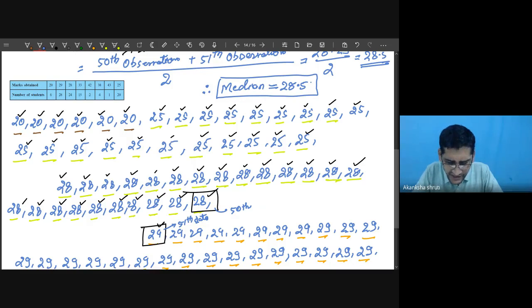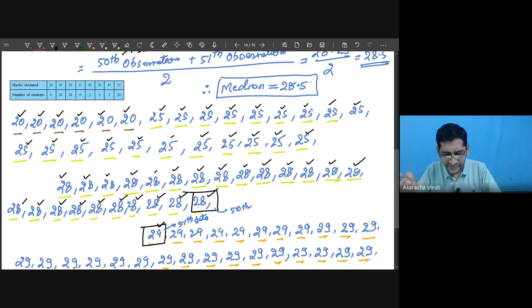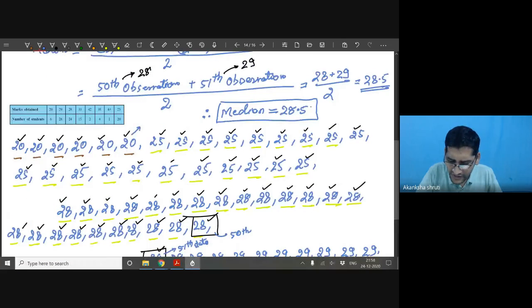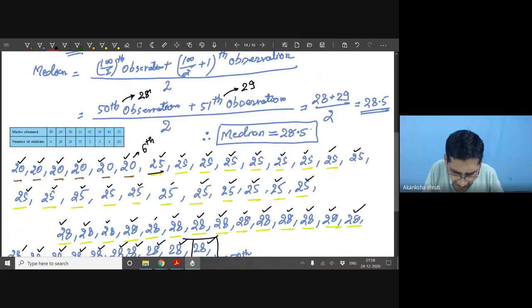Without writing this 26 times, one may think, let us take the 20 at the 6th position. So this is the 6th. In this, 25 occurs 20 times.